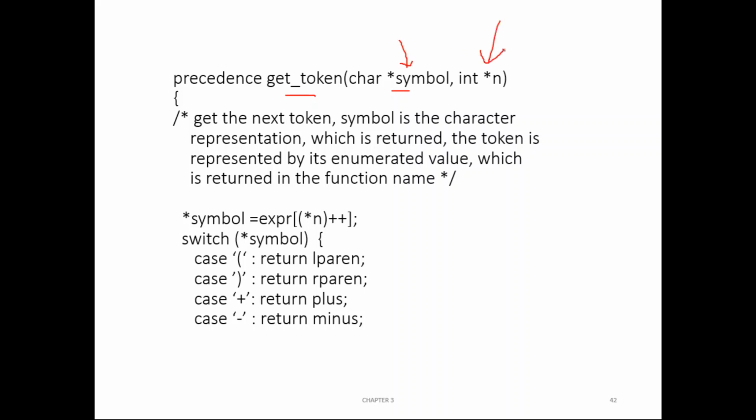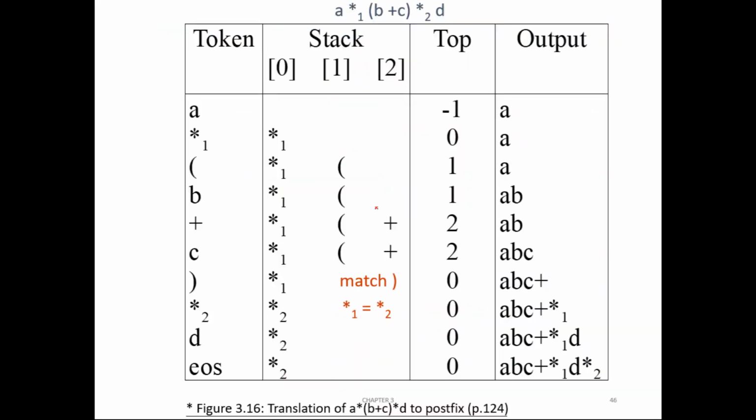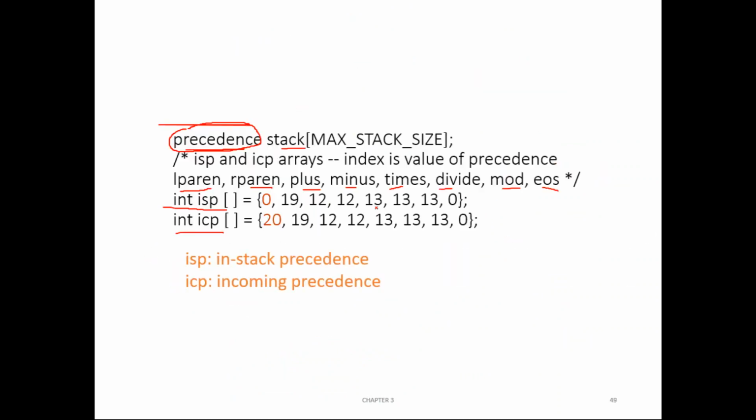It reads the expression character by character, checks what token it is, and returns whether it is a left parenthesis, right parenthesis, plus or minus, or, if it is not an operator, an operand.